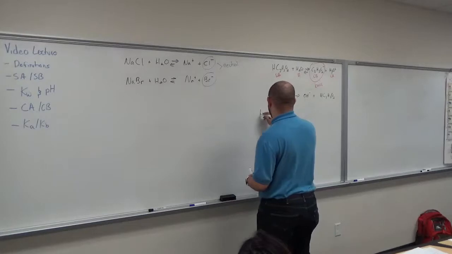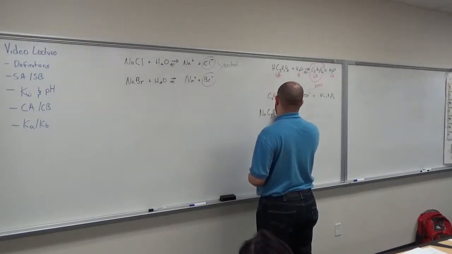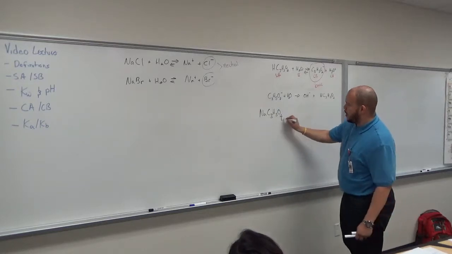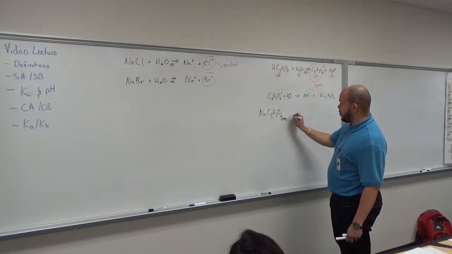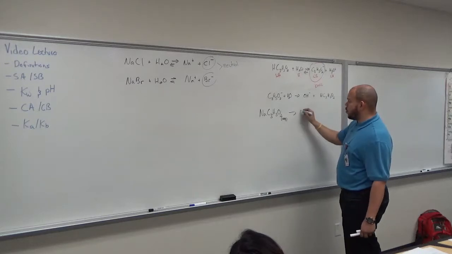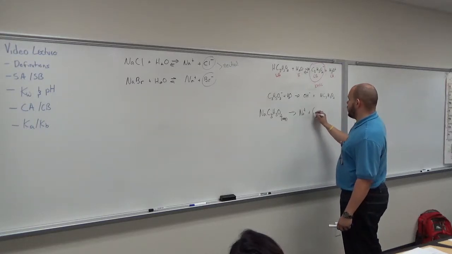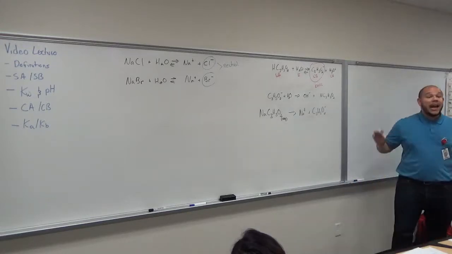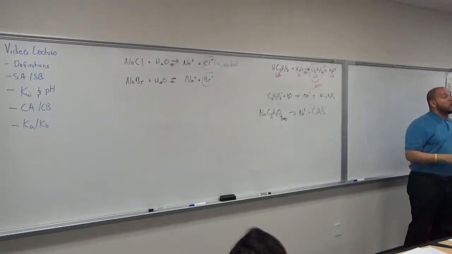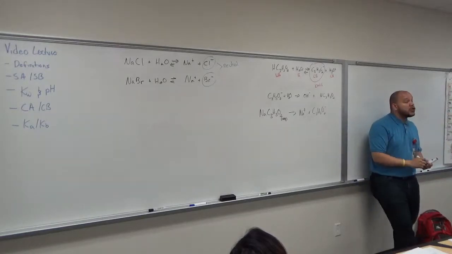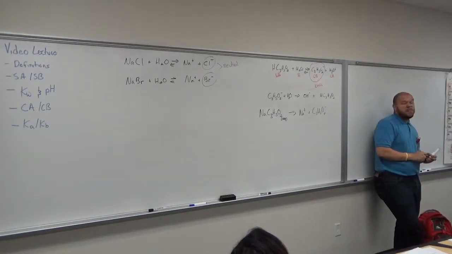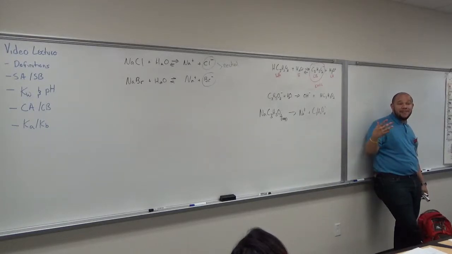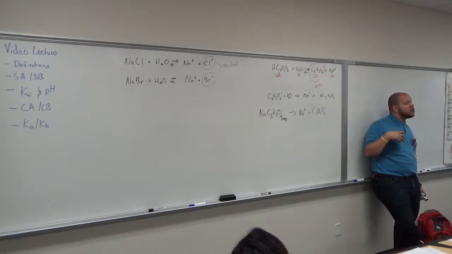If it were aqueous, it would dissociate into sodium plus C3H5O2 minus. Once sodium propionate was dissolved in water, would you expect the salt to behave as a base or an acid?